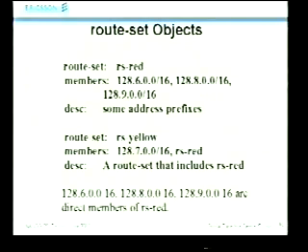So this is the route set RS-red. The route set RS-yellow has members, this address prefix, but also this route set. And the description is a route set that includes RS-red. So here's a route set, and this route set includes that route set.